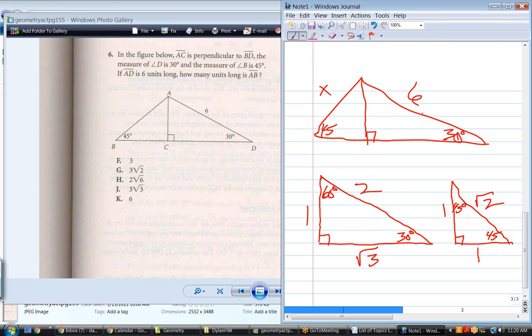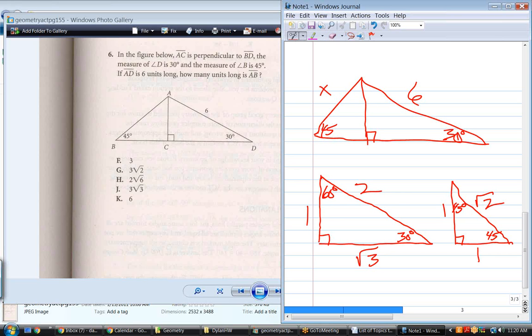If you have right triangles that are similar to one another, then their hypotenuses are the corresponding sides. The short side corresponds to this side, and this long side corresponds to this long side. So the key to figuring out the measurement of that side is figuring out the similarity ratio.